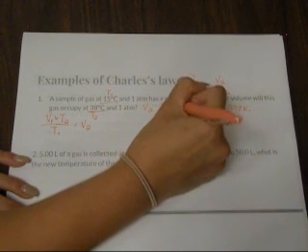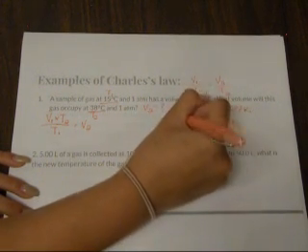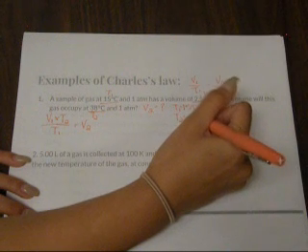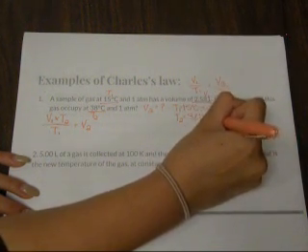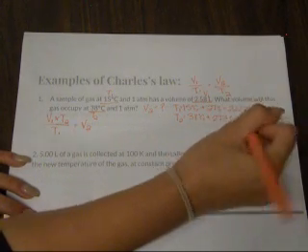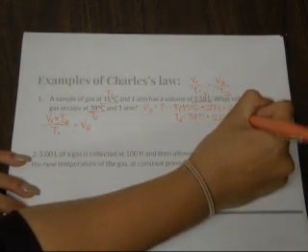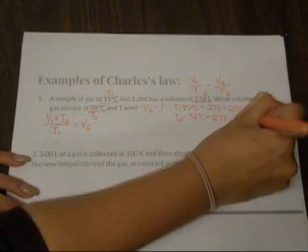So that is T1, and then T2, when we convert, would be 38 degrees Celsius plus 273, which will then equal 311 K.